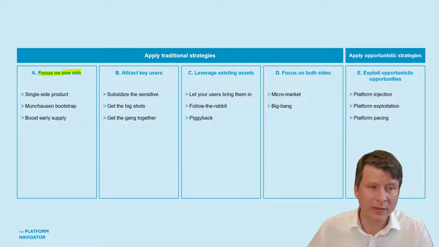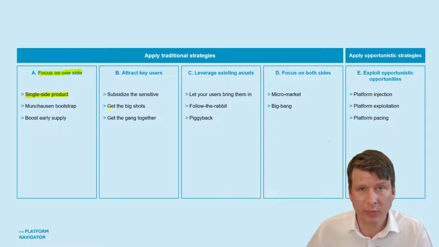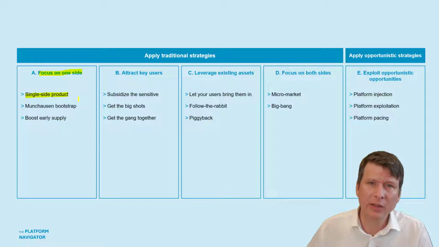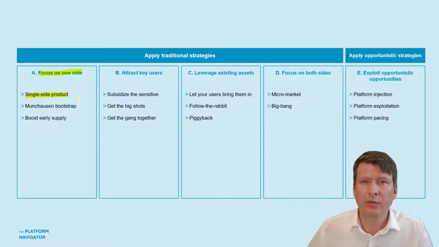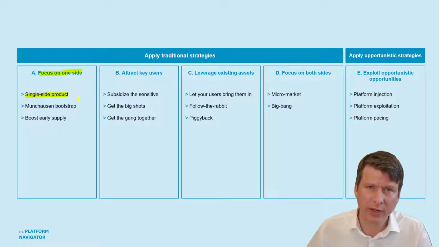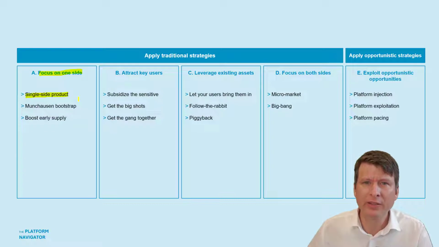Focus on one side is first and foremost about the single-side product. Single-side product is all about getting users for one side of the market first. OpenTable, for example, provided restaurant management software to restaurants, and they were really successful. So restaurants could manage their restaurants with that software.